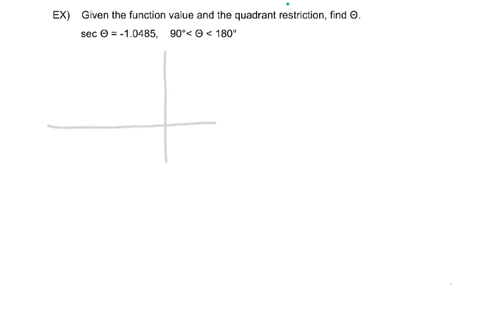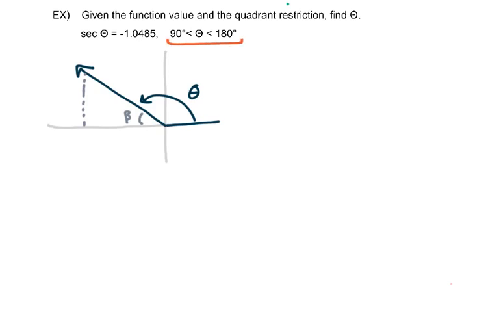So we're dealing with some angle that ends here in quadrant 2. But when we do our calculation, we're going to end up finding this acute angle. Maybe I'll call it beta. Theta is this angle, and the calculator is going to give me some acute value beta. So whatever I get for beta, I'm going to need to subtract from 180.